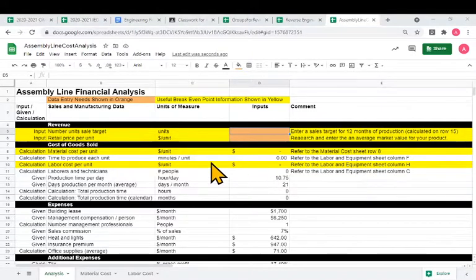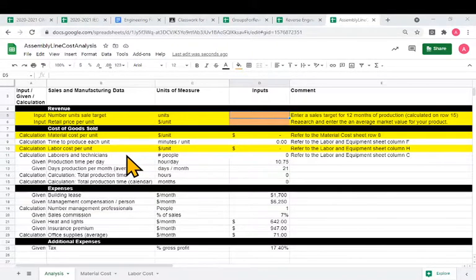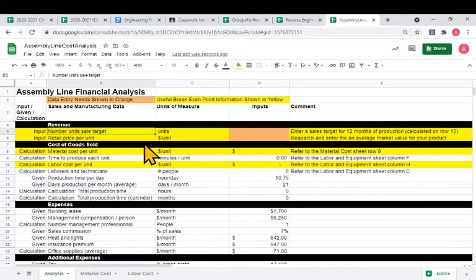And you'll be familiar with a lot of the terms here from last time. Up here we have the number of units that we want to target to sell, so how much we're trying to produce. We have the retail price, so how much we're planning on selling these things for in the store, both of these being under revenue. Under the cost of goods sold, this is all the information in regards to what it takes to make the product.